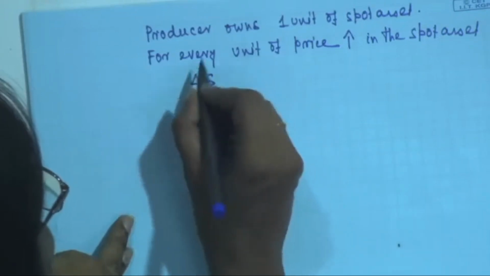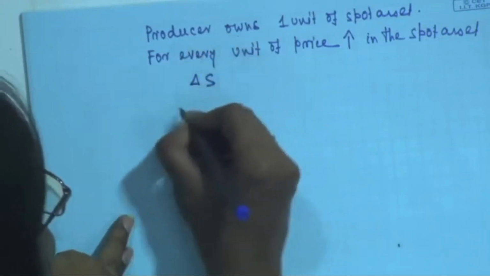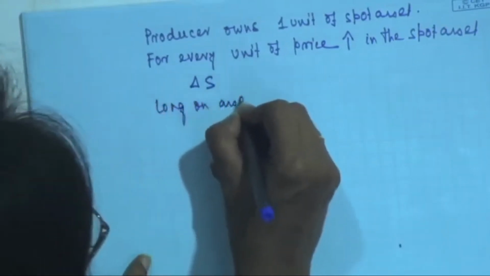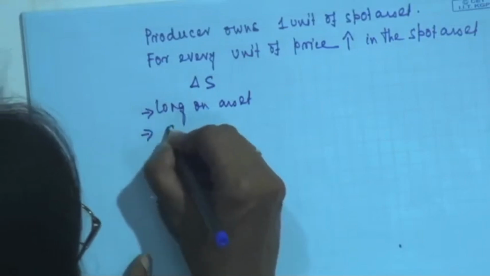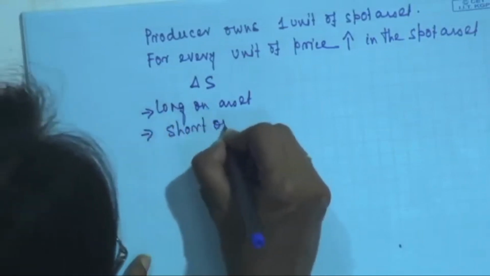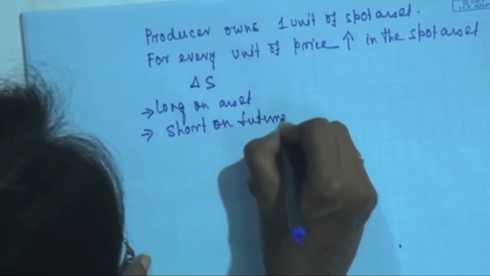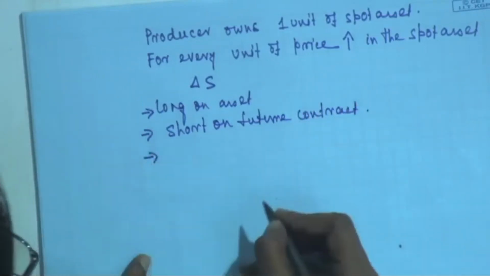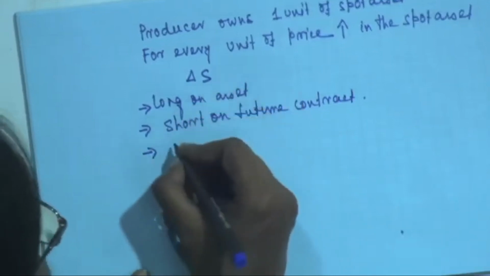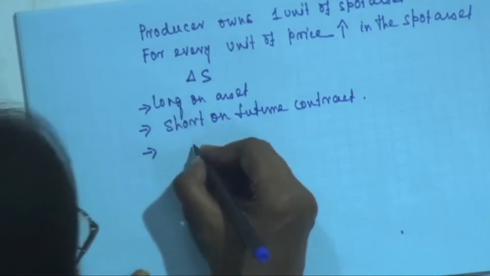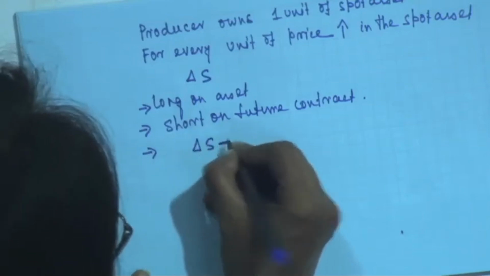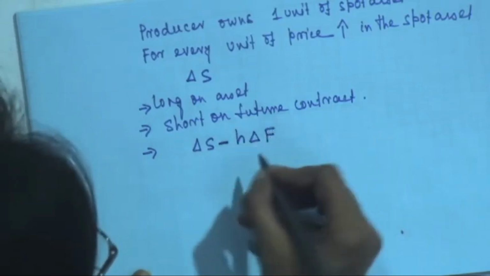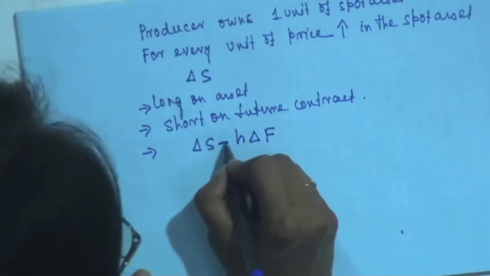And the producer is long on the asset. He would mitigate the risk by going short on the futures contract. So his total benefit from being both long on the asset and short on the futures contract is delta S minus H delta F. Why are we saying minus?